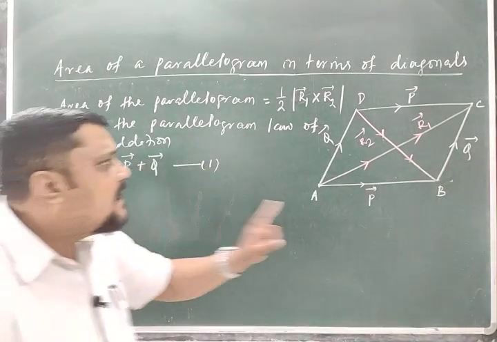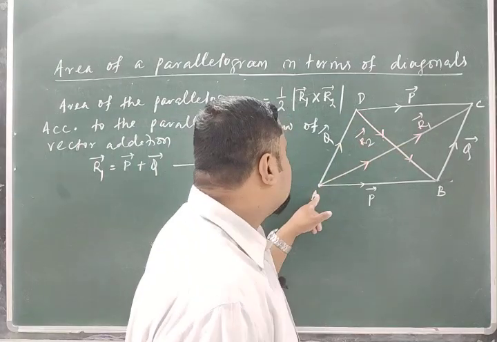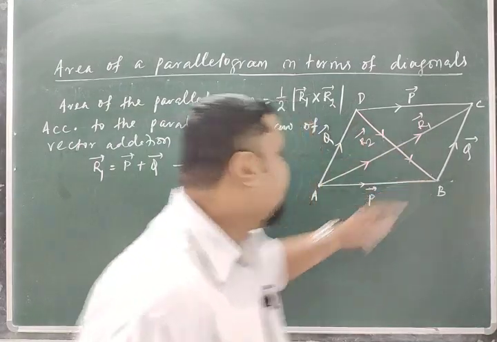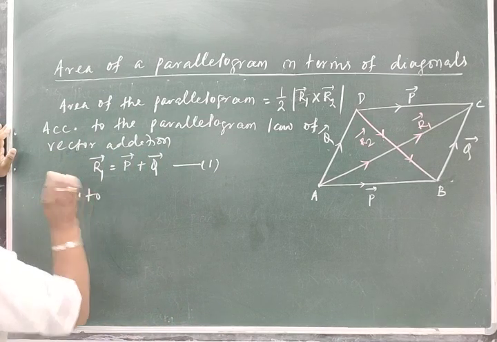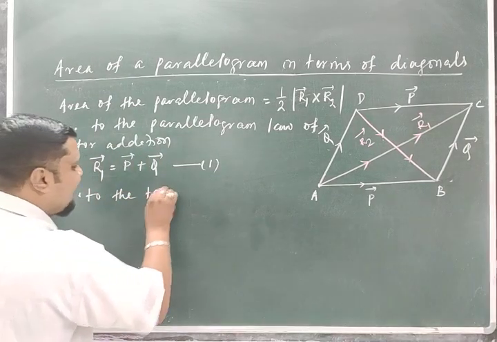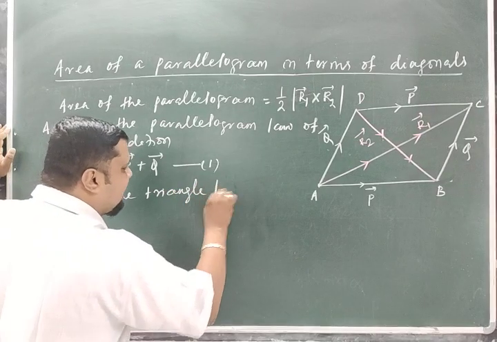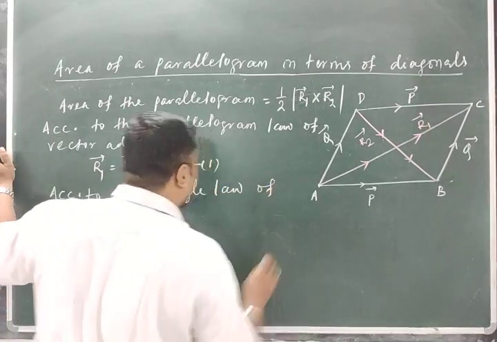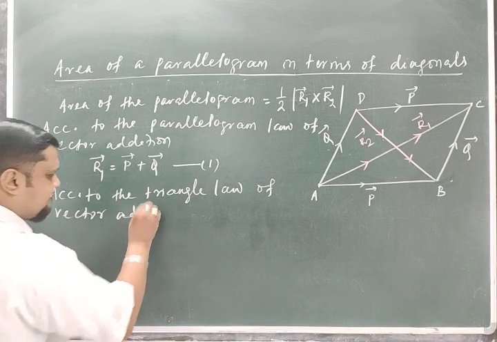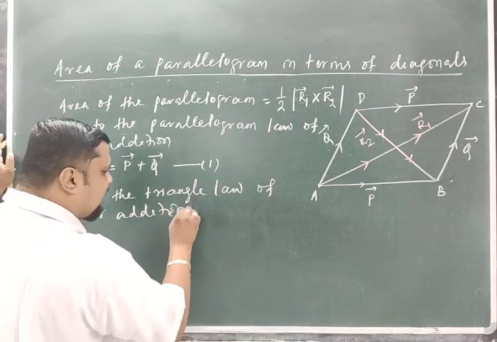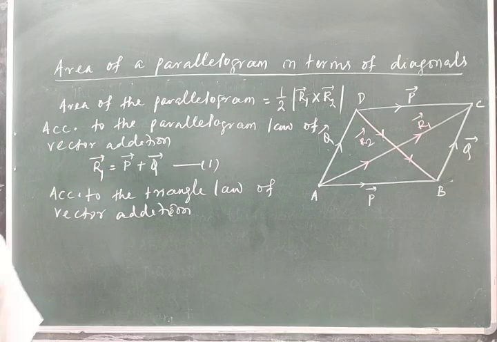Now we use the second diagonal by considering the triangle ADB, according to the triangle law of vector addition. First I will consider which vectors are in the same order.